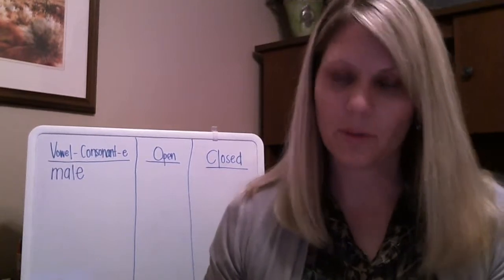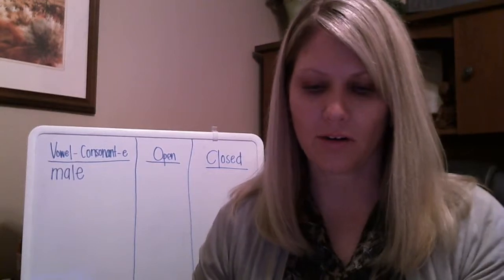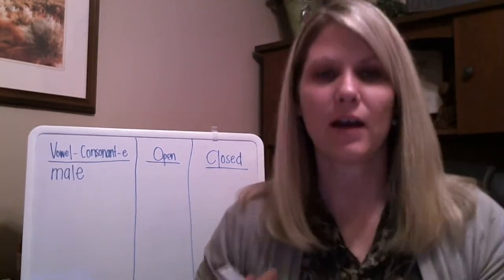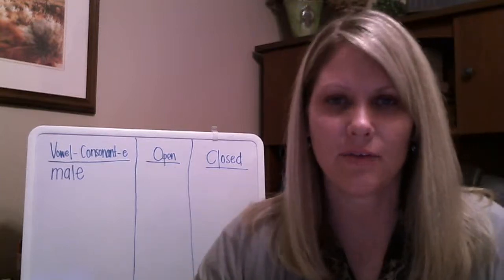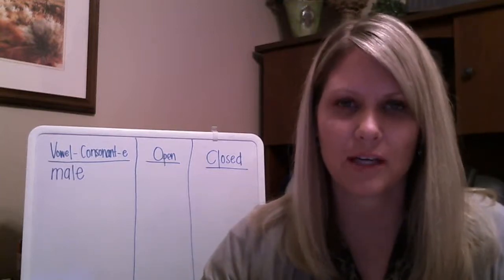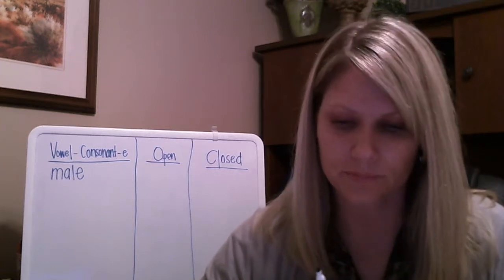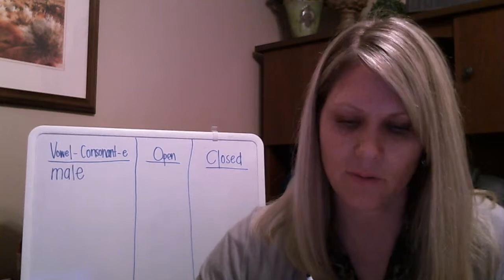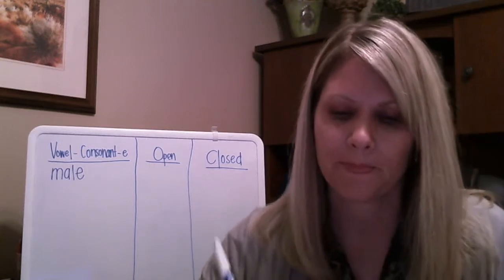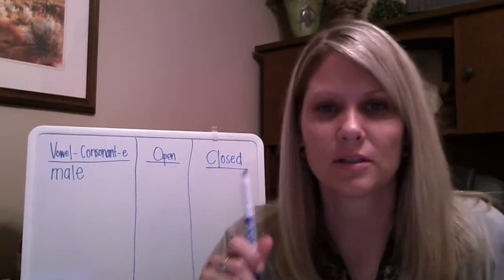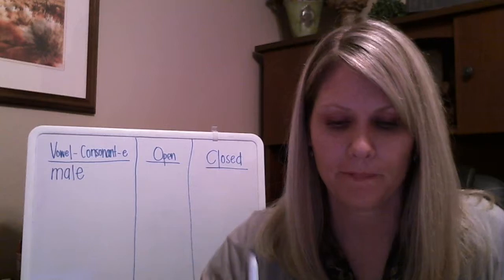Now you can go through and do all the vowel, consonant, E words, or you can just go through and find the correct ones. But let's do a couple in each, and then afterwards, once you've completed the whole page, then you'll need to have your learning coach look over it and make sure that you understand it. Okay? So let's see if we can find an open syllable. Now remember, open syllables usually have a long vowel sound. Okay?